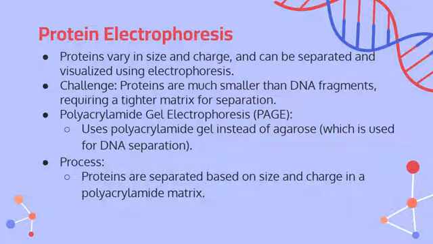So we use polyacrylamide gel electrophoresis, or PAGE, instead of the agarose gel that we make for DNA. Proteins are separated based on size and charge in the polyacrylamide matrix.